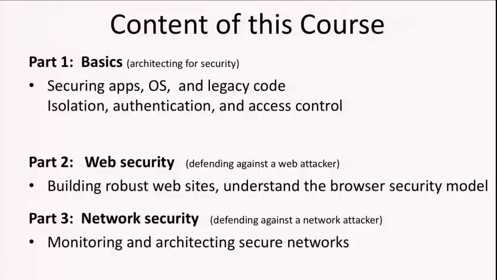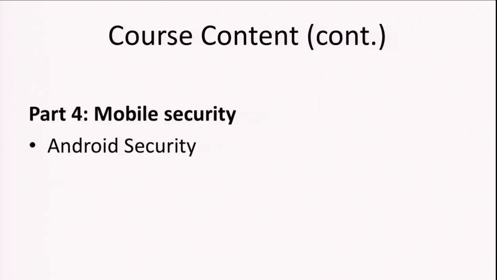Then in part 3 we'll talk about network security. So how do you defend against network attackers? Monitoring and architecting secure networks, and talking about network standards and so on. Part 4 will be on mobile security. We saw that 21% in 2016 were Android compromises.